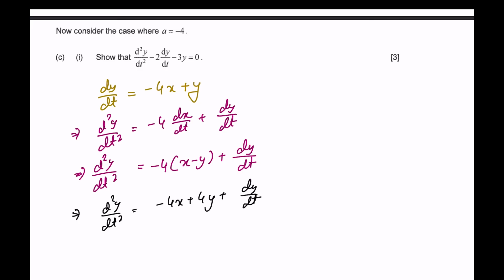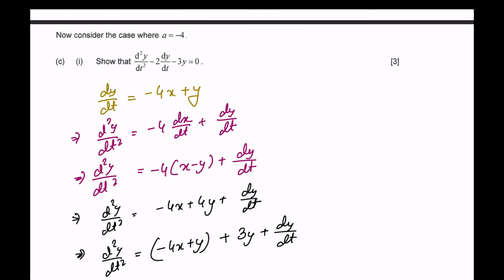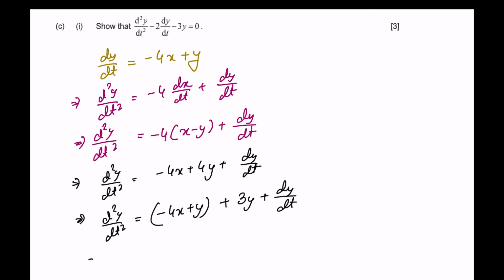Now again, what we see is we can also write it in this way: d2y by dt square is minus 4x plus y, plus 3y plus dy by dt. Why did I write it in this way? Because I can replace this minus 4x plus y with dy by dt using the initial equation. Just replacing it here, dy by dt plus 3y plus dy by dt.